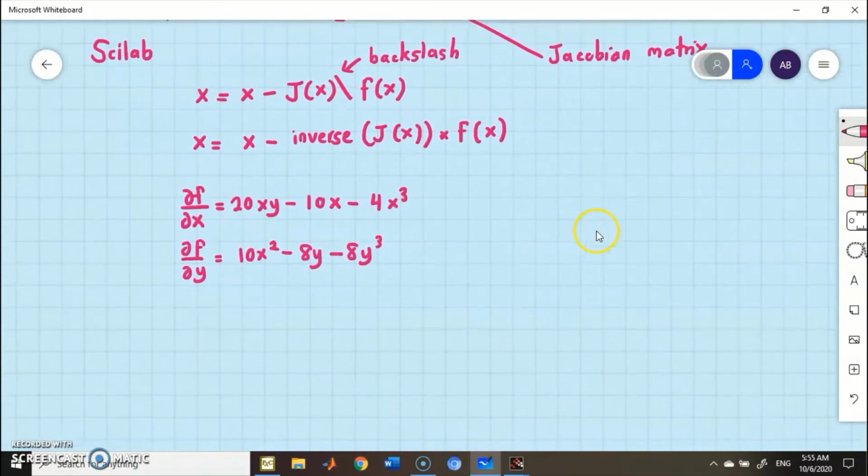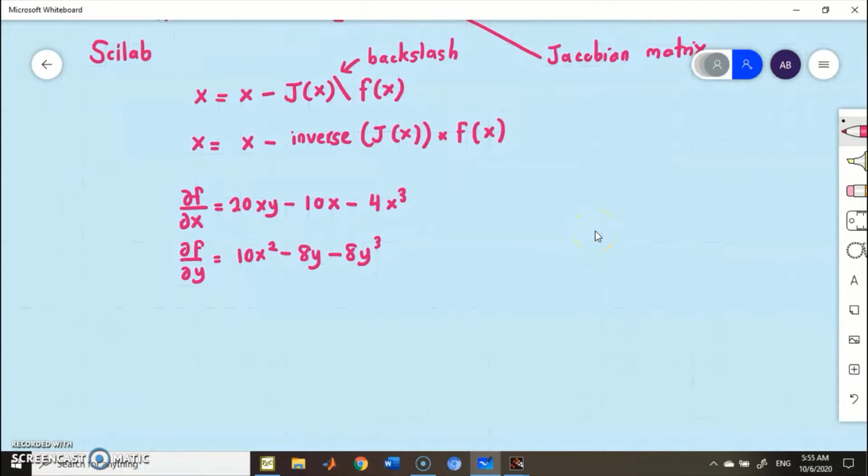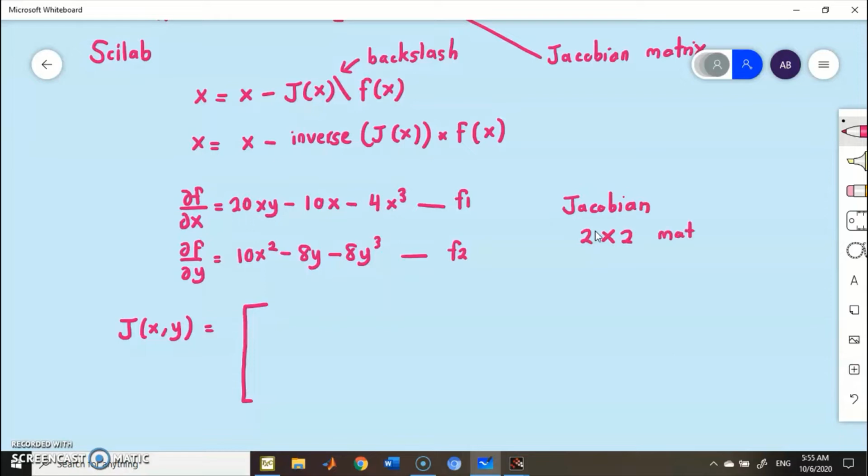Now moving on. I always recommend you write this as f1 and this as f2. So your Jacobian for x and y, remember, for a two-dimensional system, will be a 2 by 2 matrix.